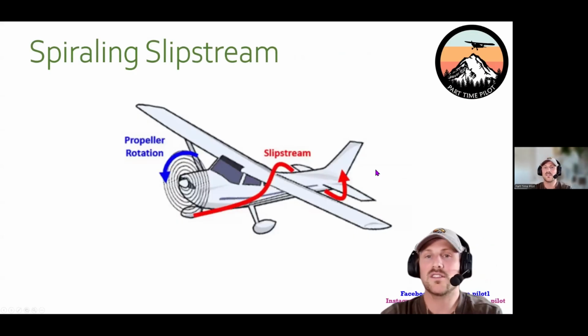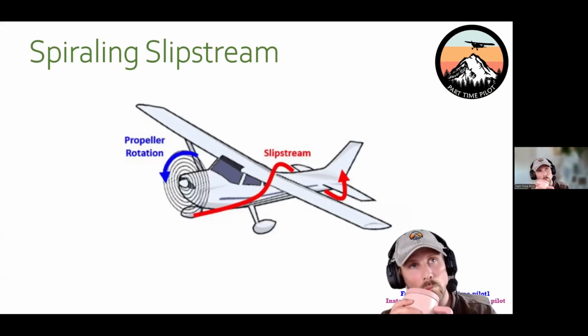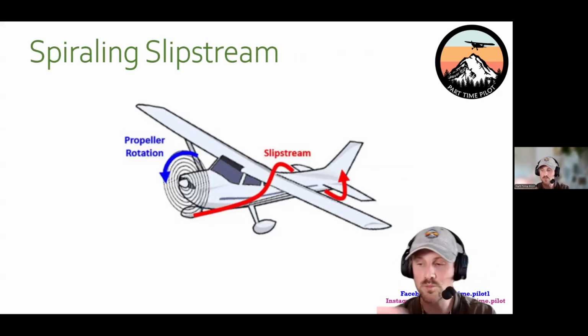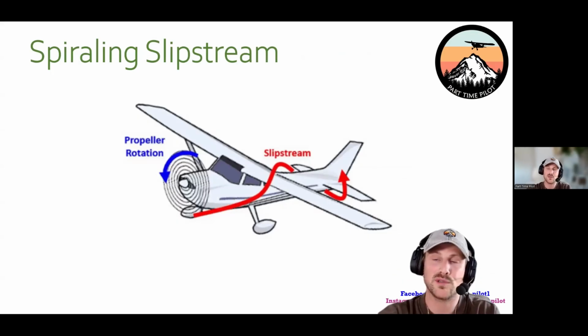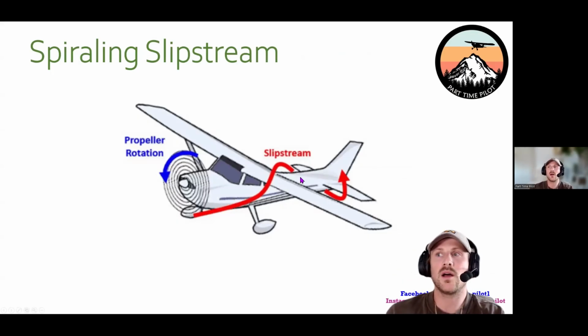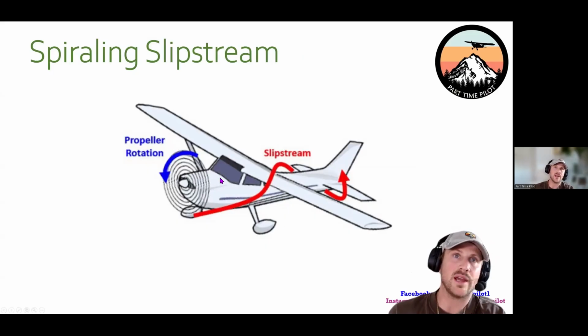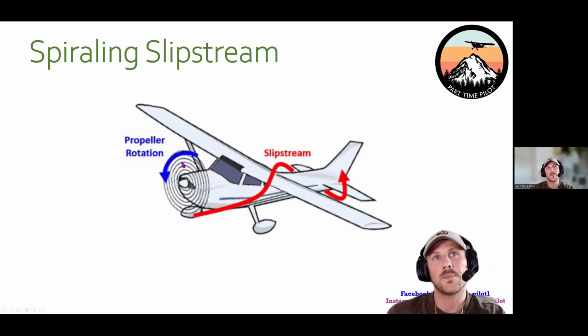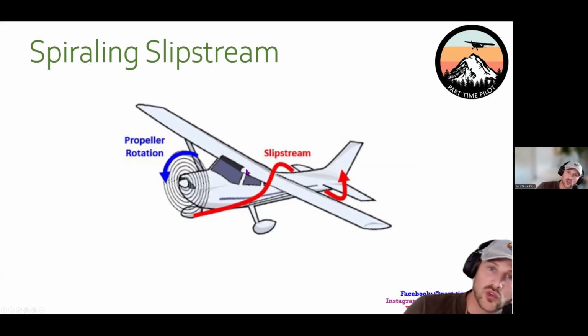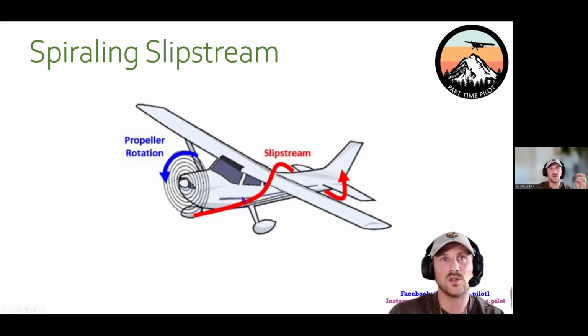All right, next one is spiraling slipstream. We talked about the spiraling slipstream when we talked about interference drag. We talked about how this prop wash can come up and disrupt the airflow going over our wings. Well, crazily enough, I don't know if that's a word, it can also wrap itself around the aircraft.